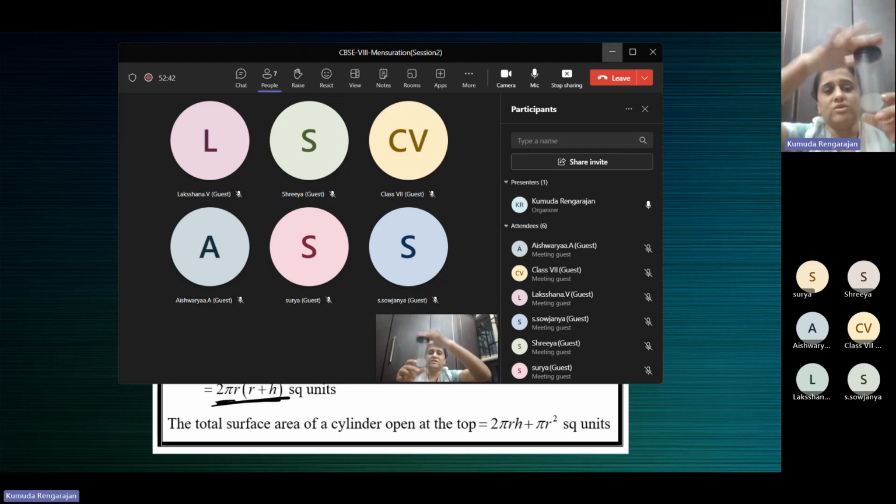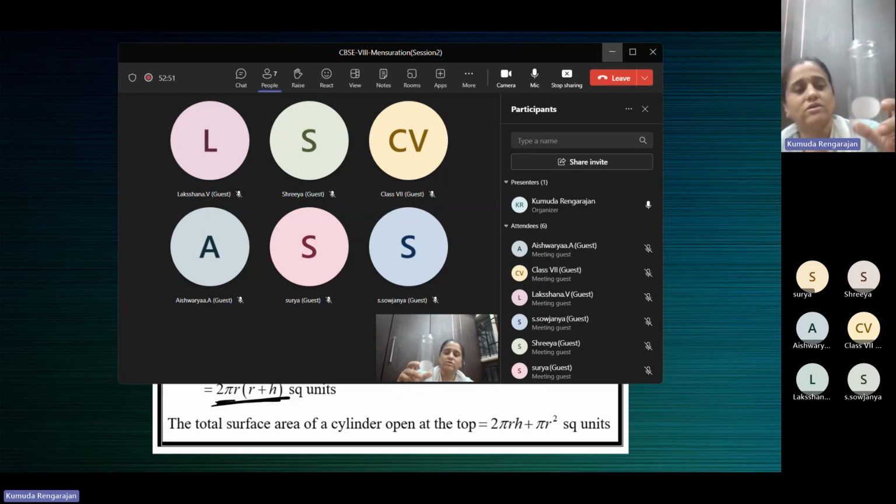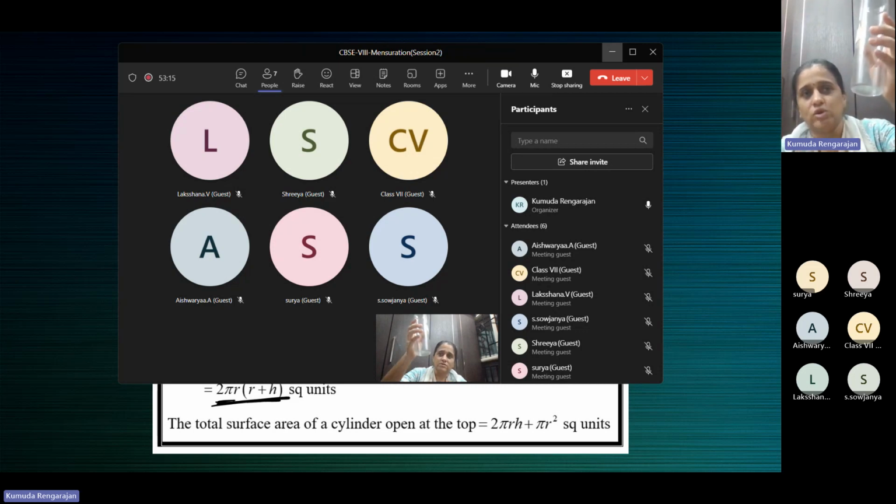Now there is material on the top. It's covered. If there is material, you should find area because there's a surface. Just imagine, finding area is all about painting the external surface. So if you have to paint the cylinder, where will you paint? You'll paint the curved surface area because there is the surface to paint. Then the bottom circle you'll paint.